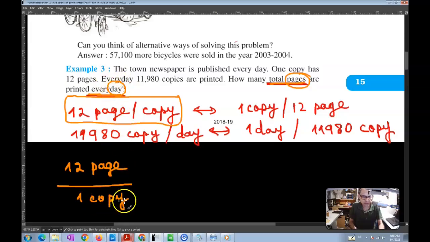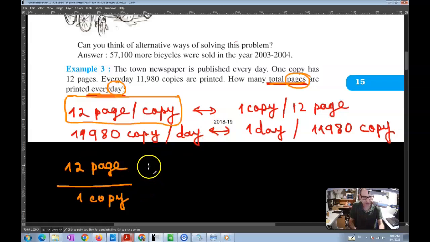The day is not there, so I'm going to have to bring in the day somehow, and the copy is there, which is something that I don't need. So I need to somehow get rid of the copy, keep the page, and somehow bring in the day as well. That's how you solve this kind of problem.